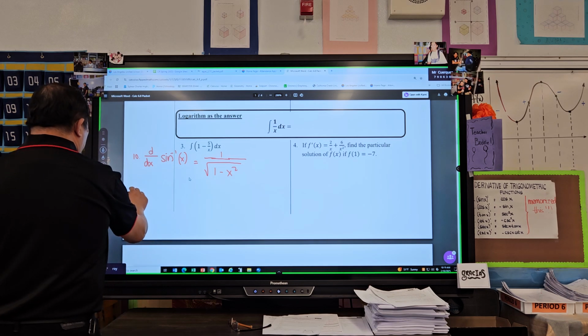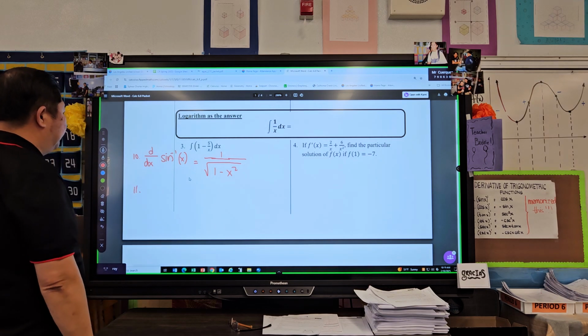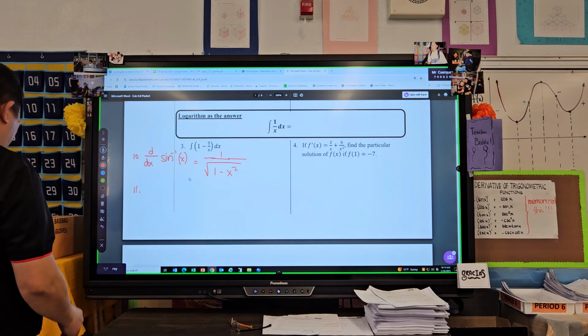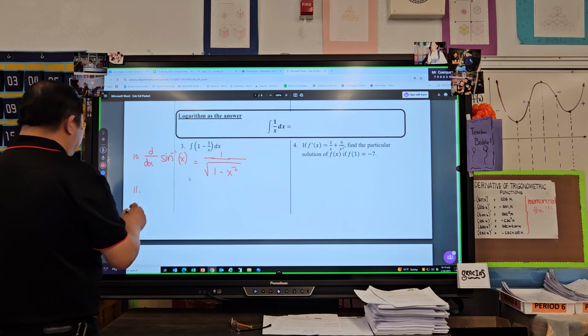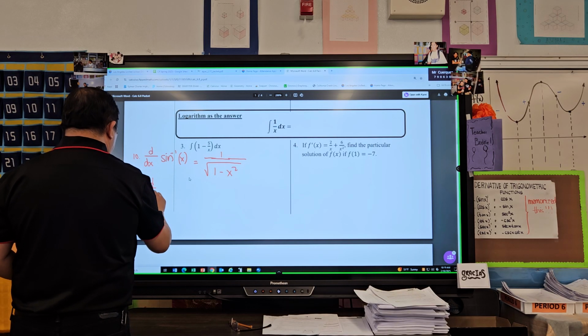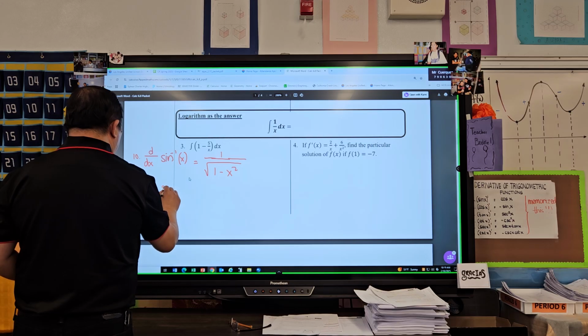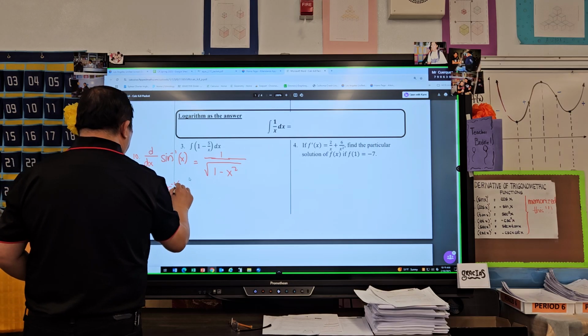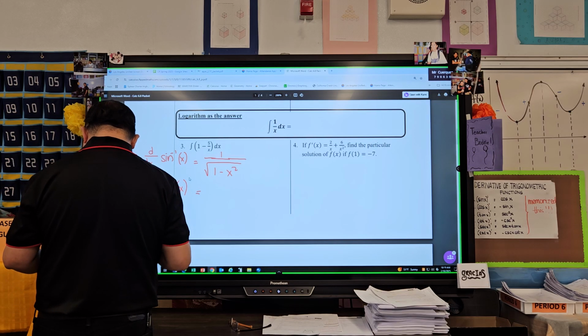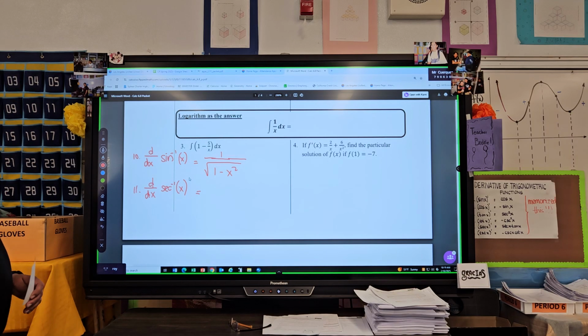Okay, so formula number 11. We're going to have the secant, guys, but with the absolute value.